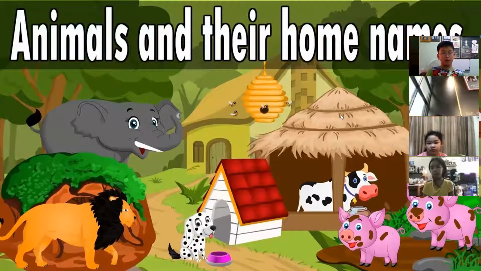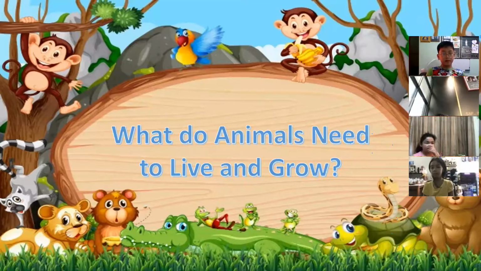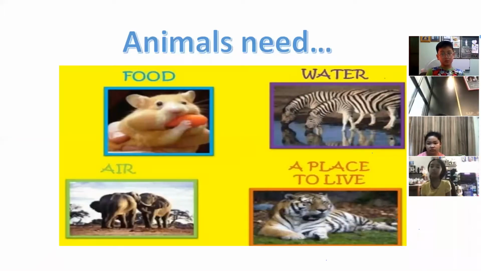Number one here, what do animals need to live and grow? Very simple. I will unmute you now so that you can speak with me too. Everybody, 1, 2, 3, go.